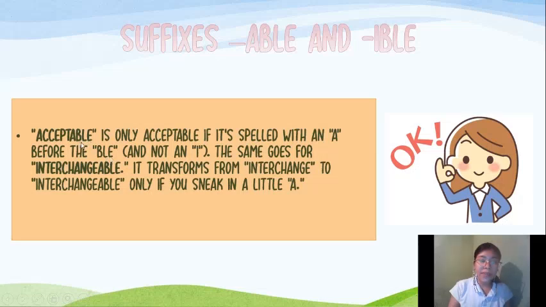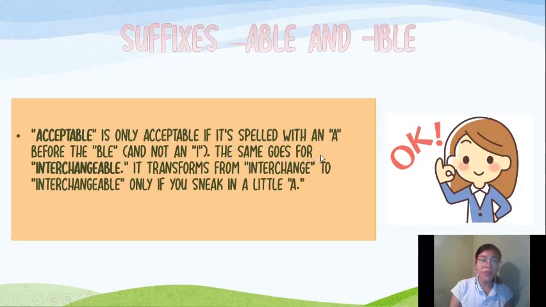Here we have BLE, and before that particle we have a letter A. So it is correct, not an I. If we put this I here and it says accepTIble, it will be wrong, not correct. So that's why we write an A, acceptable. So it is correct like this.